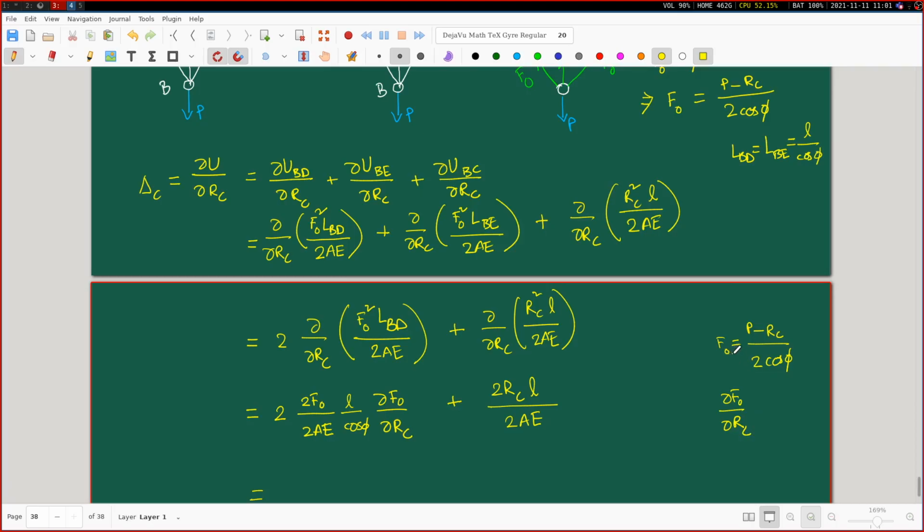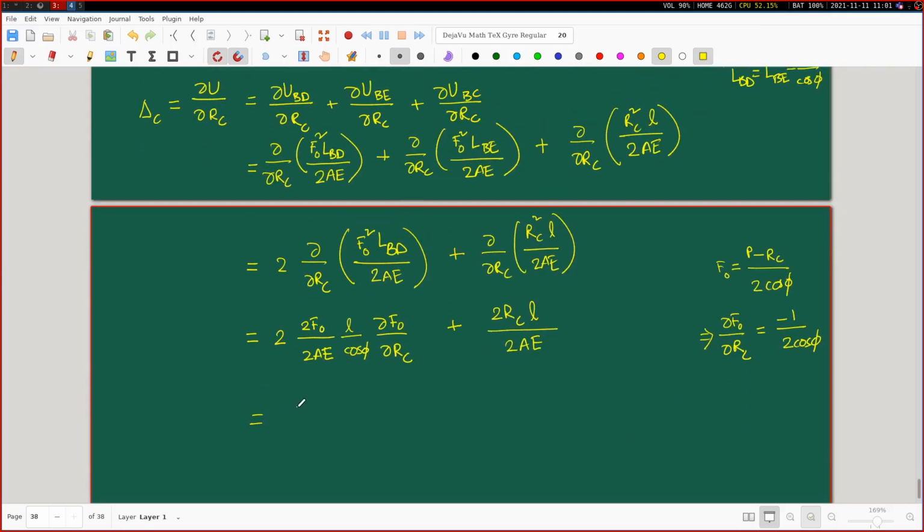So I'm using the expression of F naught equal to P minus RC by twice cos phi here, and then I'm going to use del F naught del RC, which is equal to minus 1 by twice cos phi.